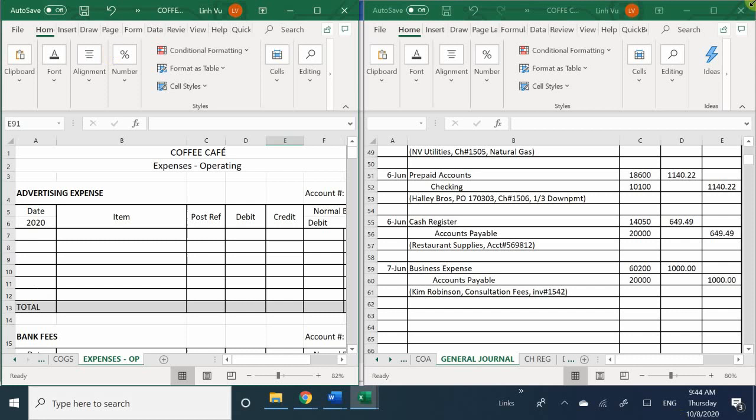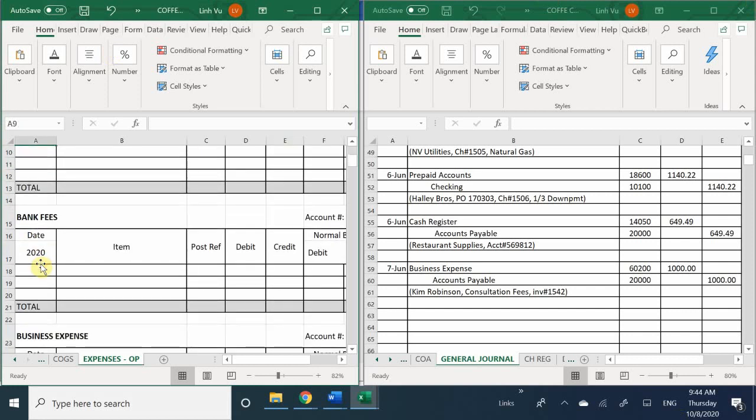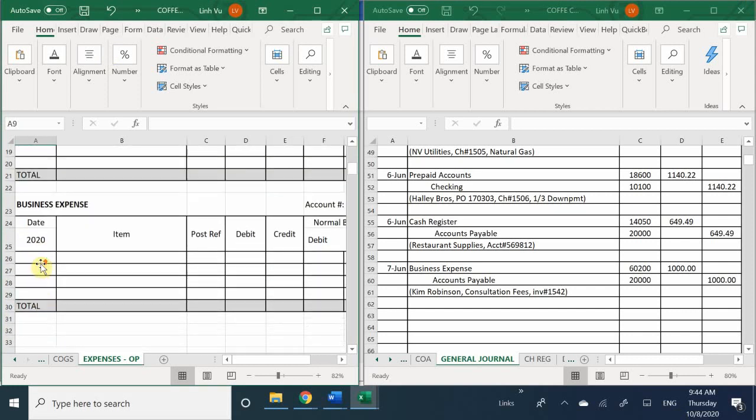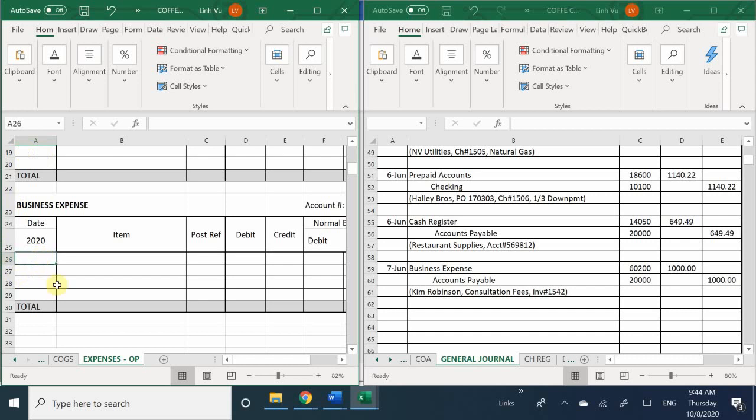So now that we're here on our expenses, right here, business expense, I'm going to indicate that this happened on June 7th, right? And I'm going to also indicate here what this expense was for. So in this case, this was consultation fees from Kim Robinson.